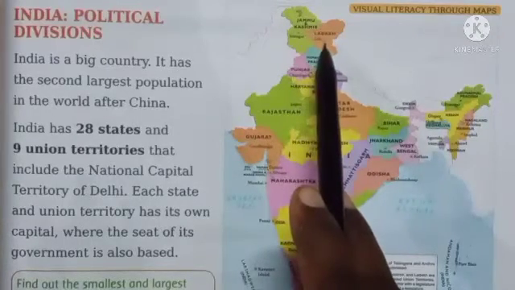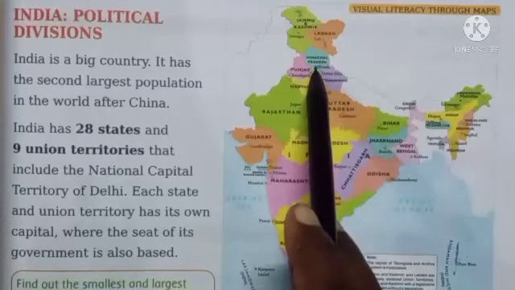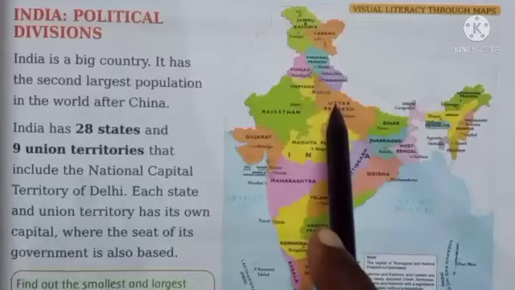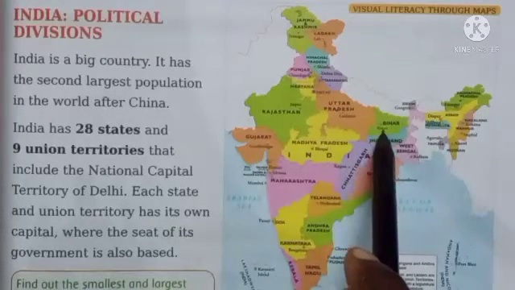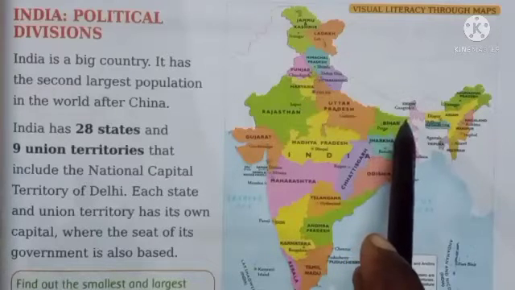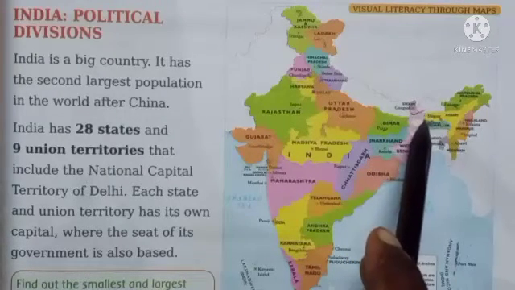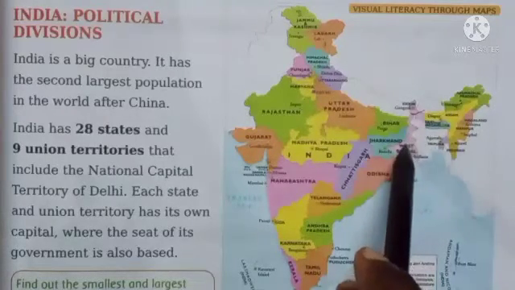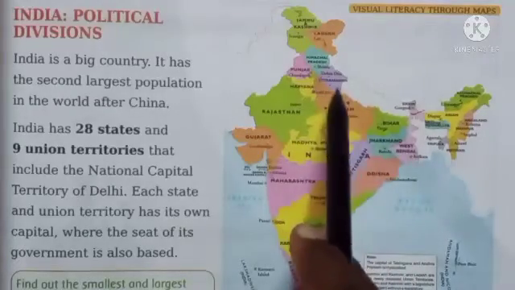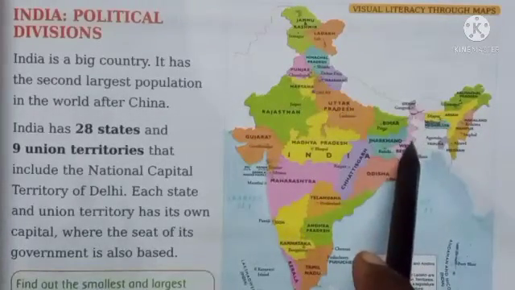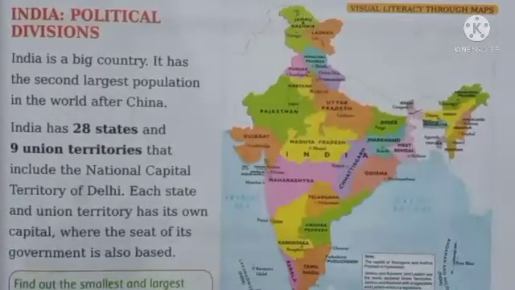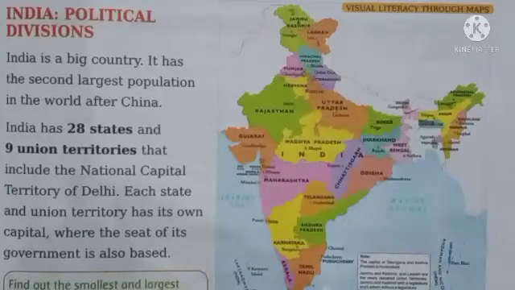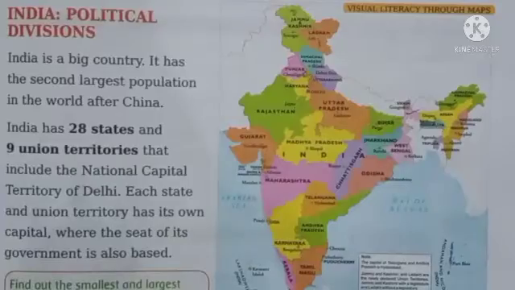Jammu Kashmir, Ladakh, Himachal Pradesh, and then we see here Uttarakhand, next Uttar Pradesh, Bihar, next Sikkim, then Assam and Arunachal Pradesh, and we can see that even West Bengal. So these states experience cold climate. Why? Because the Himalayas are covered with snow.